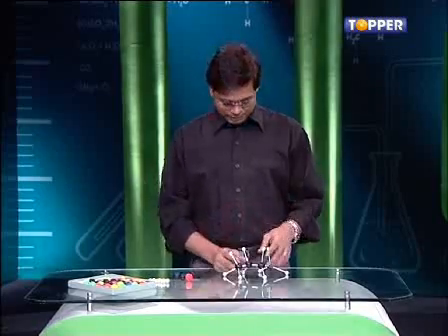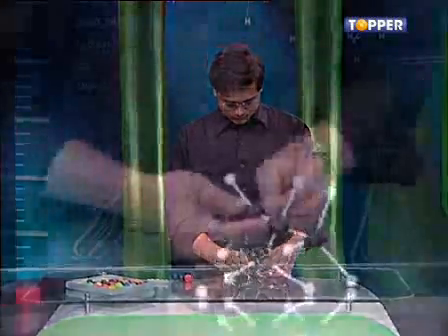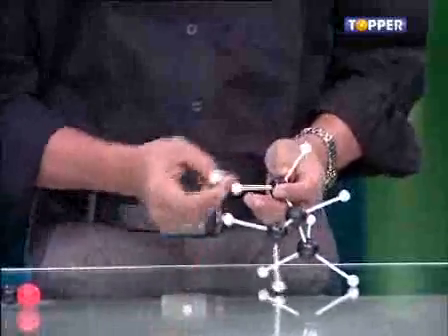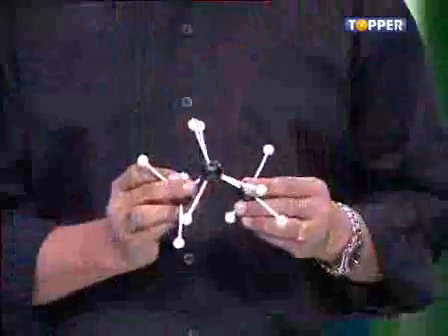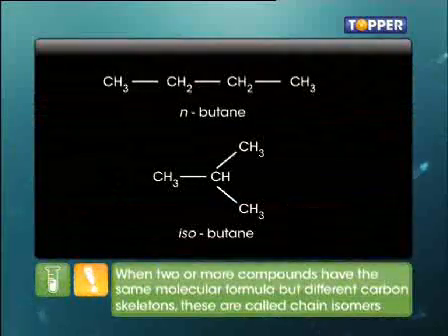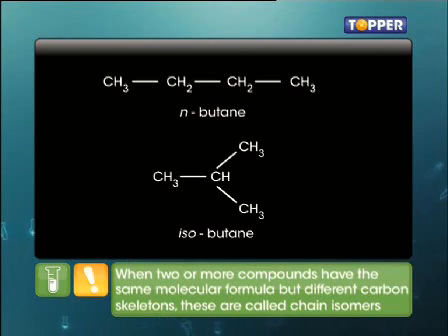The second one has 3 carbons arranged in a straight chain and 1 carbon as a branch on the second carbon. This is known as isobutane. Both these compounds have the same molecular formula C4H10, but different carbon skeletons. Such compounds are called chain isomers.